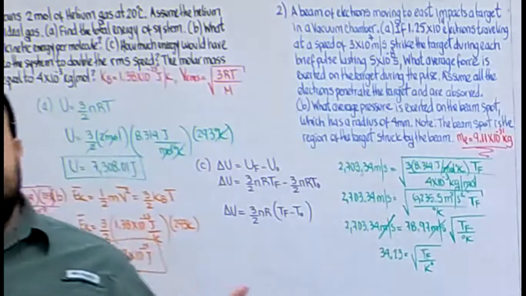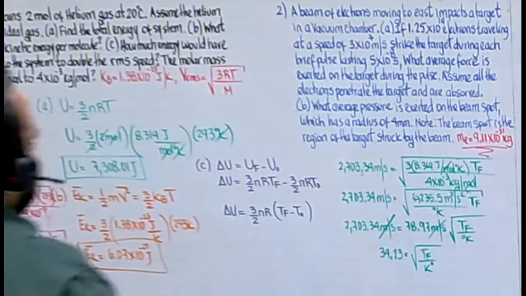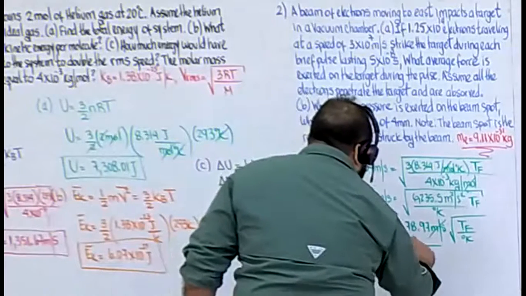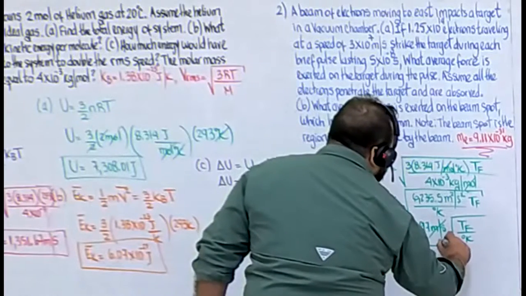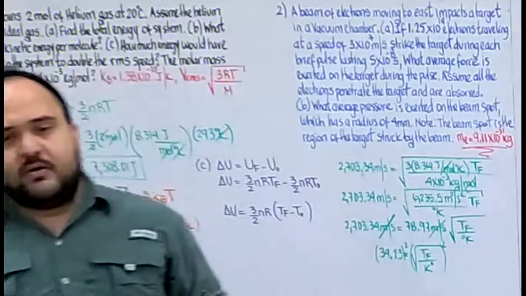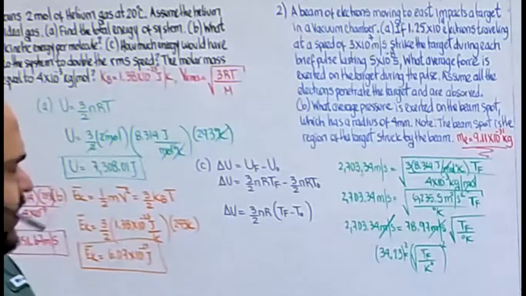Remember, we have to look for the final temperature. What will be the next step to eliminate the square root? We have to raise both sides of the equation to the second power, and we can eliminate that square root. So we got 34.23 to the second power.